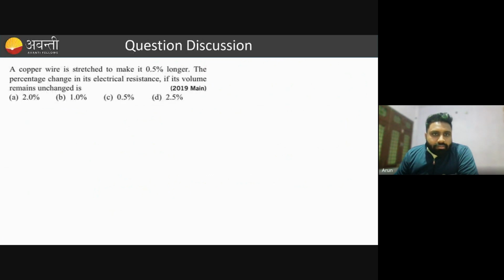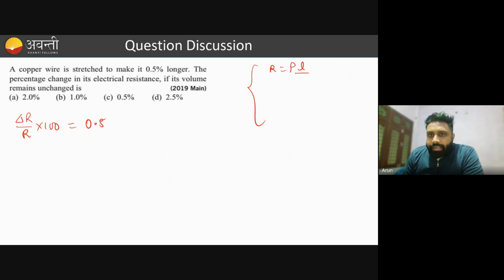Now, a copper wire is stretched to make it 0.5% longer. Length has increased, but in terms of percentage. So delta R by R into 100 is asked, and delta L by L into 100 is given as 0.5. So remember this formula, R is equal to rho L upon A. Now, if the volume remains constant, R is only dependent on length, because length is the only factor that has been changed.